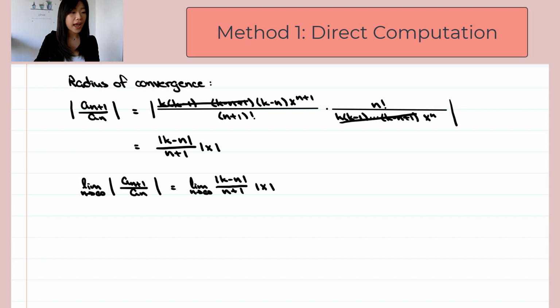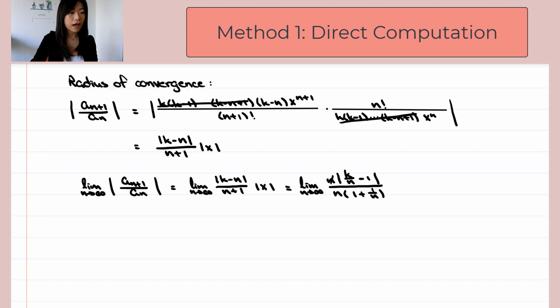We can factor out the highest degree, so the limit as n approaches infinity of n times the absolute of (k divided by n minus 1), and divide this by n times (1 plus 1 over n).